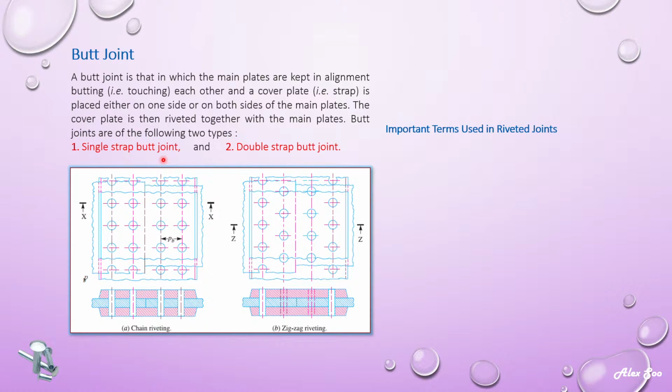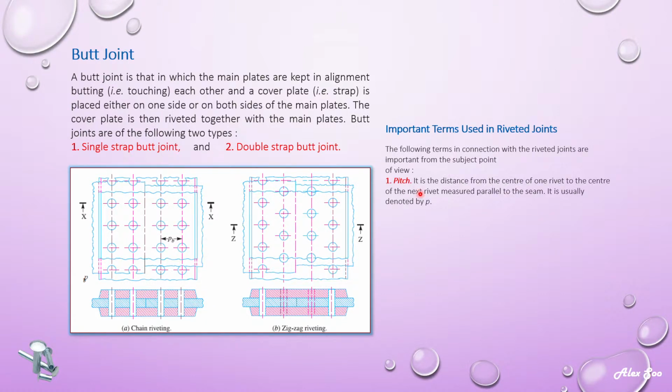Now, the important terms that we use here are important. What are the terms that we use here? The first one is the pitch. P-I-T-C-H, that is the pitch. It is the distance from the center of one rivet to the center of the next rivet.